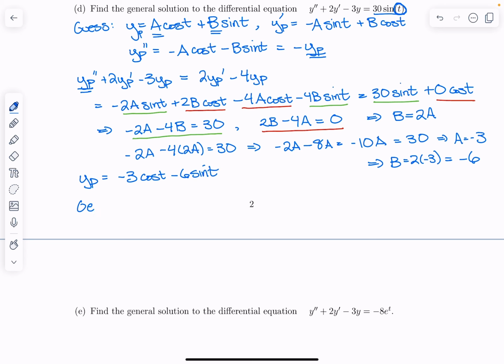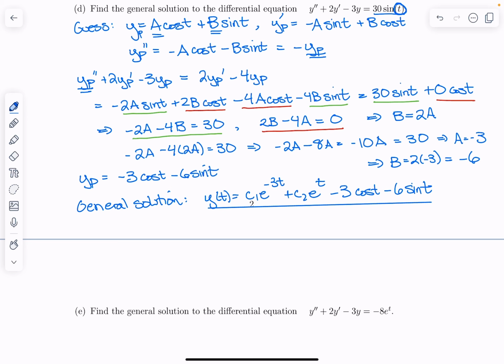My general solution in this case will be y of t equals my homogeneous solution, which is c1 e to the minus 3t plus c2 e to the t, plus my particular solution, which is minus 3 cosine t minus 6 sine t. There it is.